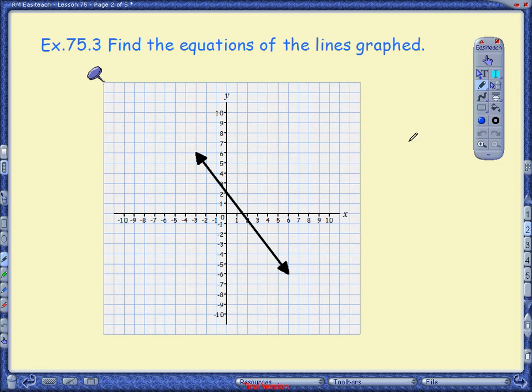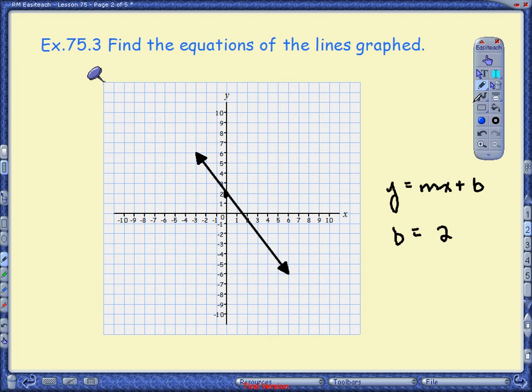Well, we know that every line has to be written in y equals mx plus b form. It's easy to find b. It's crossing over the y-axis at 2. So our b is 2.